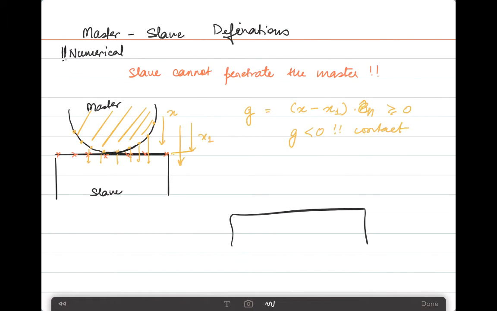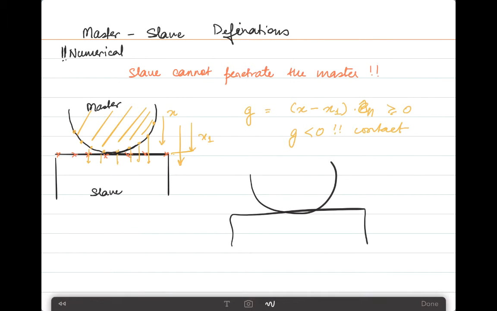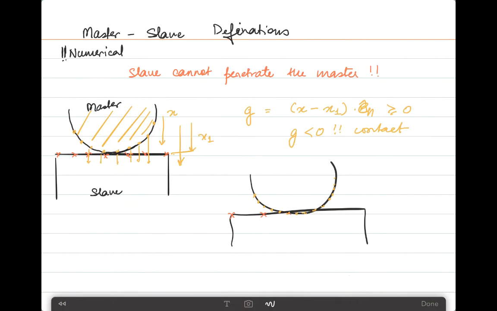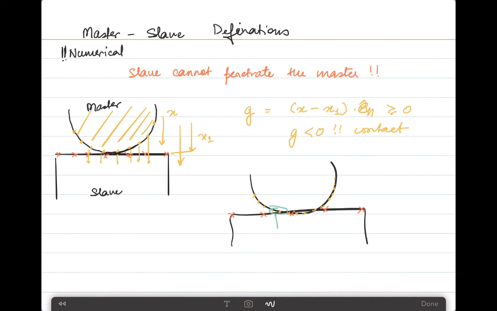If in another case I had a similar object here, and in the master I had many nodes present on the surface, but in the slave I have nodes that are quite far away from each other, then all these nodes here can easily penetrate inside the slave surface.